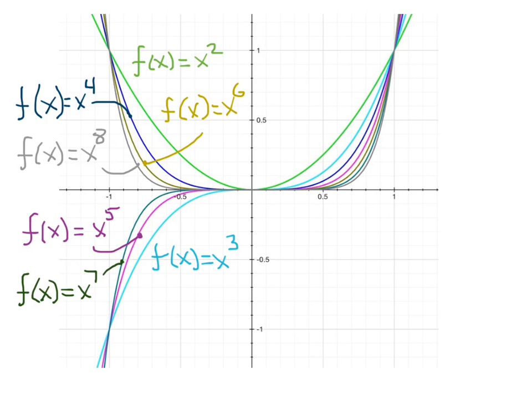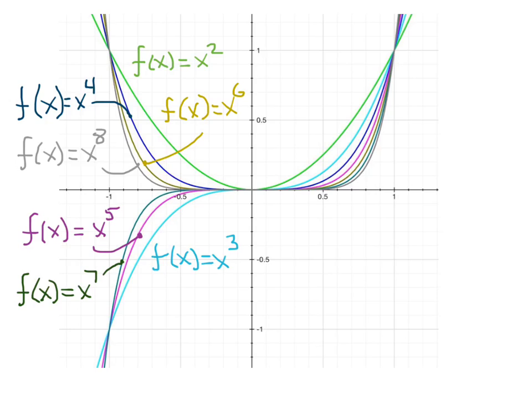Now it has the same kind of down and up that x squared has, but as the numbers increase, it tends to flatten out a bit. The odd numbers, of course, retain the negative sign when x is less than 0, so these come from the lower left to the upper right, but they do the same kind of thing: x to the 7th comes up steeper than x cubed, and it flattens out.